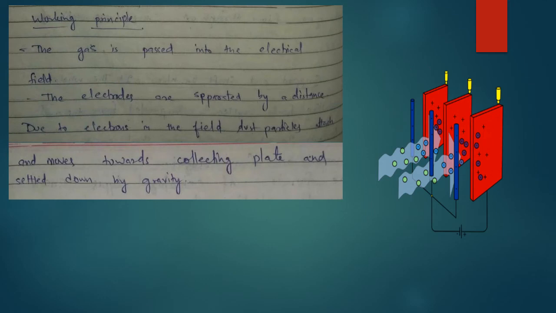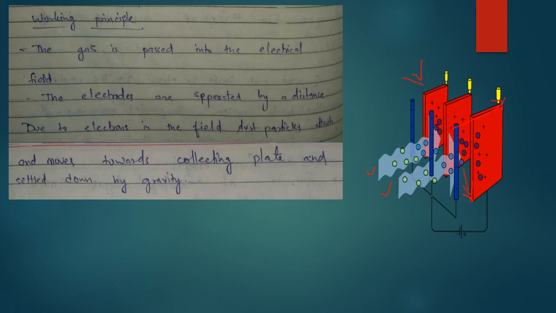Now the working principle. We have to maintain a potential difference between the upper part and the lower part, while the air flows inside. The electrodes maintain a proper electric field difference between the emitting current electrode and the collecting electrode, so that the clean air will pass through without any charge, and the dust particles will be attracted towards the bottom.